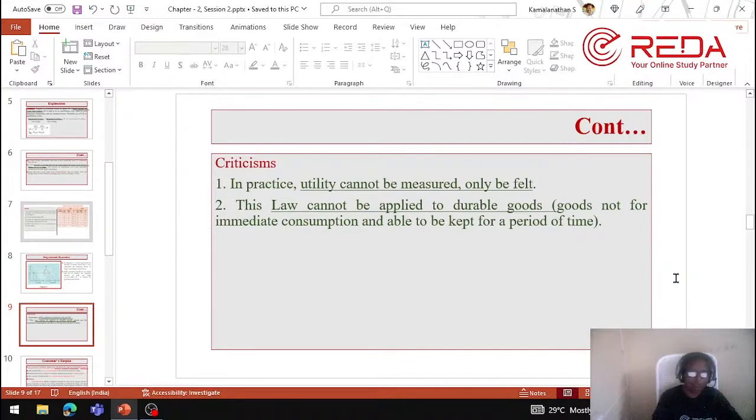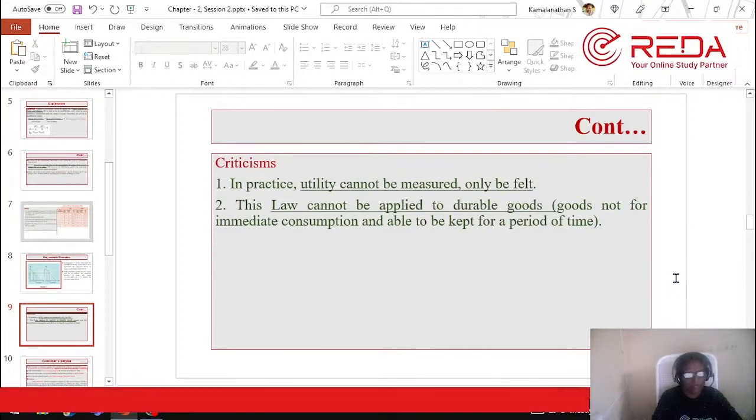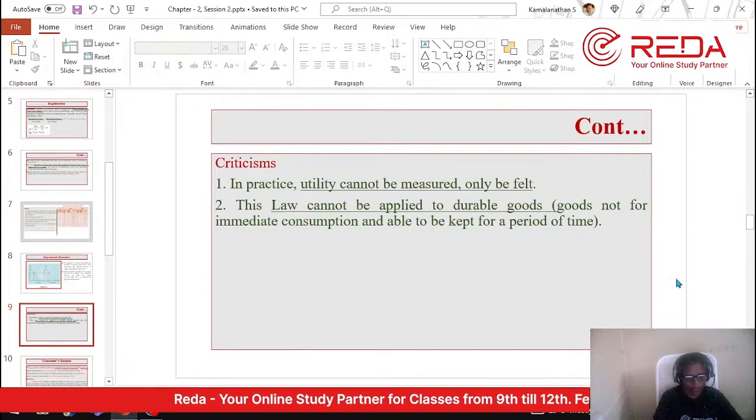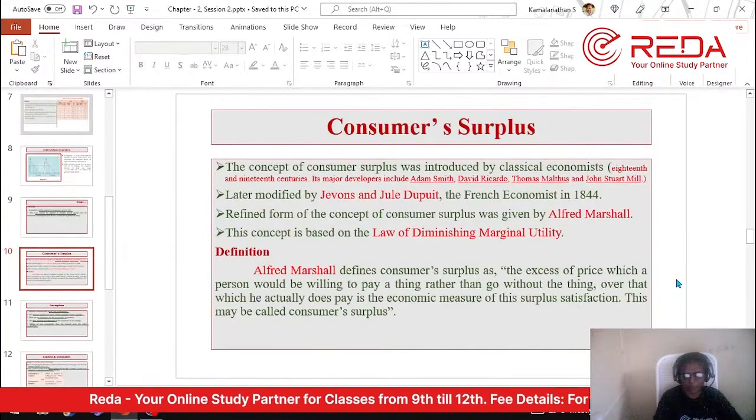For an immediate consumption this analysis can be applicable, but for a commodity which has a longer life, it cannot be applicable. So it cannot be applicable to durable goods at all. Okay, so this is the law of equimarginal utility.